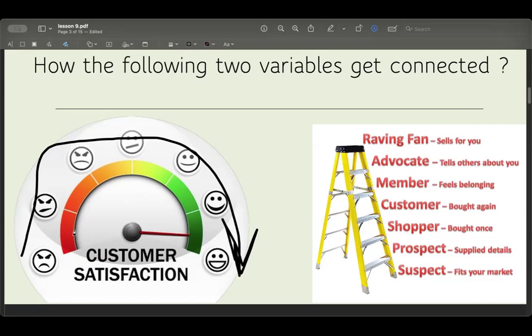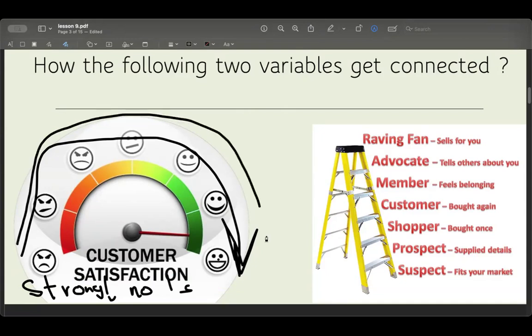On this side, strongly not satisfied, but from here, it's strongly satisfied. Starting from this level to this level, the satisfaction level is increased.